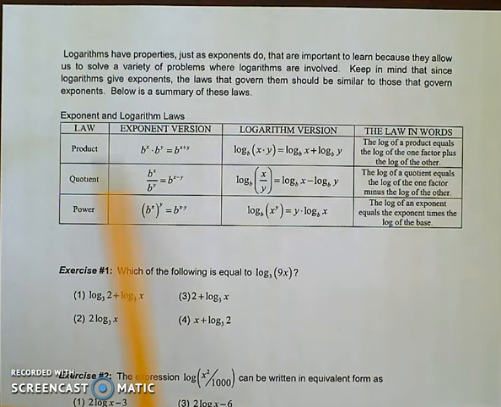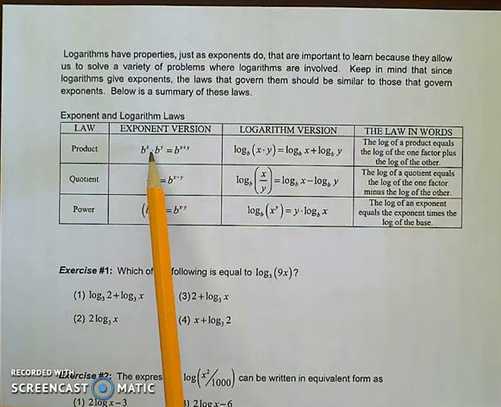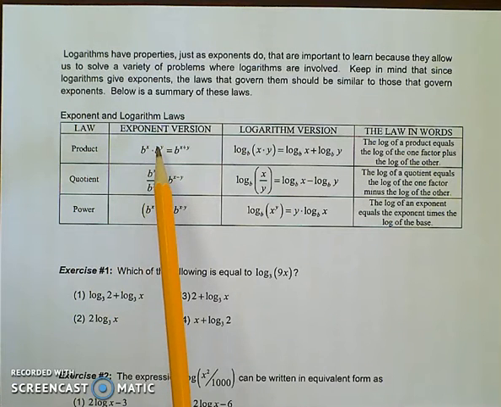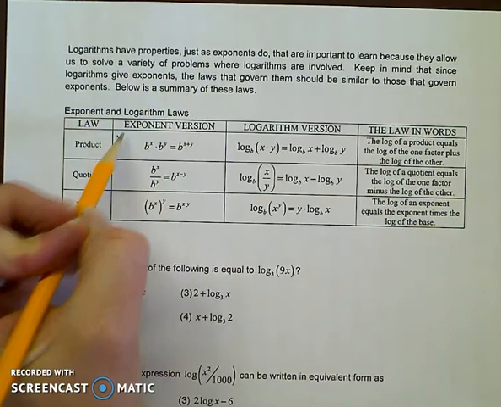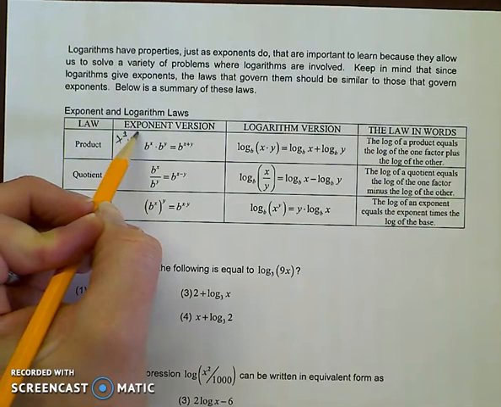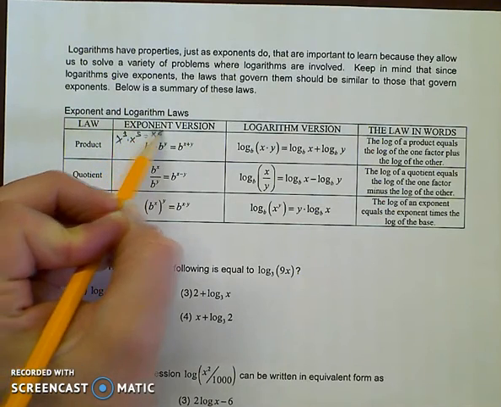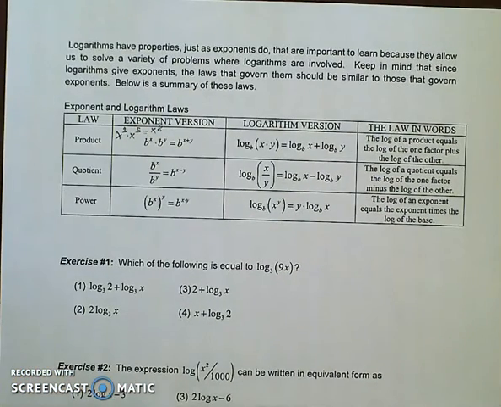So, product rule. When you have the same base and you multiply, what happens to the exponents? You add. We've done that multiple times. Example, x to the third times x to the fifth equals x to the eighth. If you divide with the same base, you subtract, and a power to a power, you multiply. Since logs give you the exponents, it's going to be the same idea.